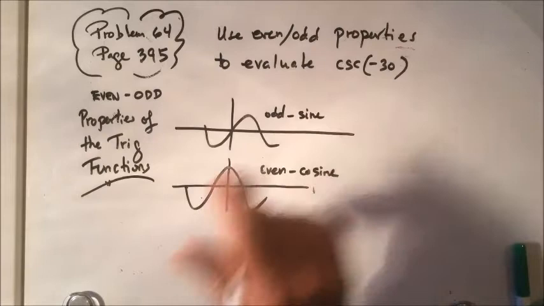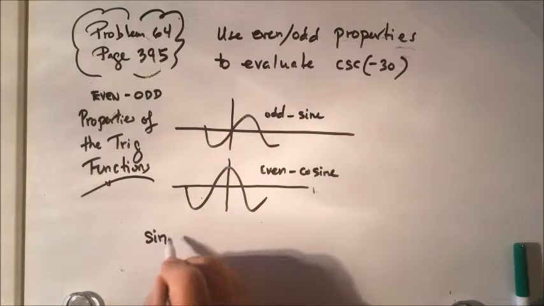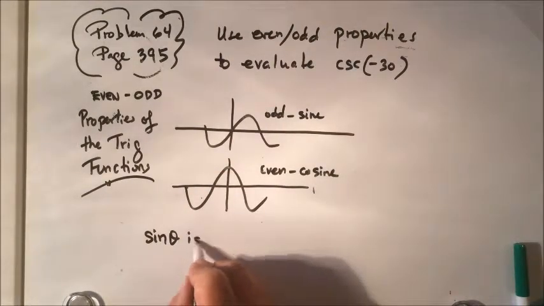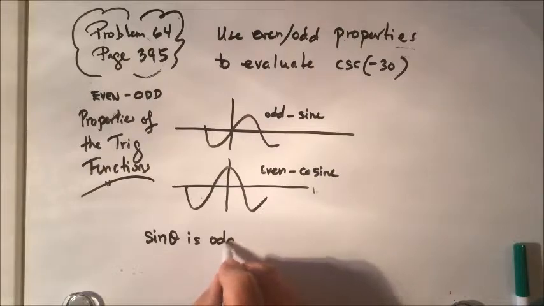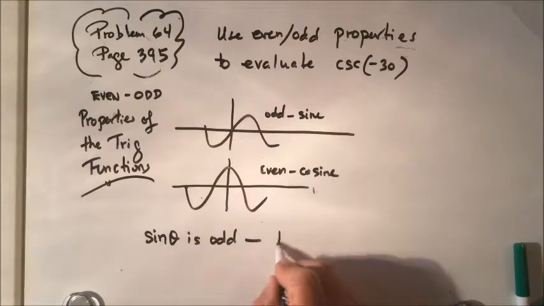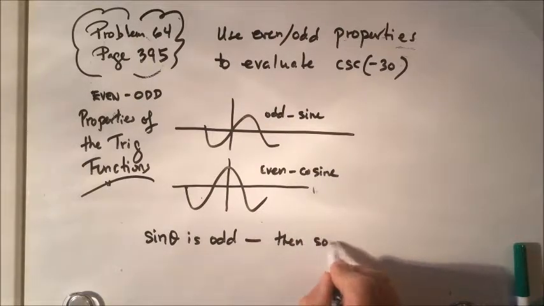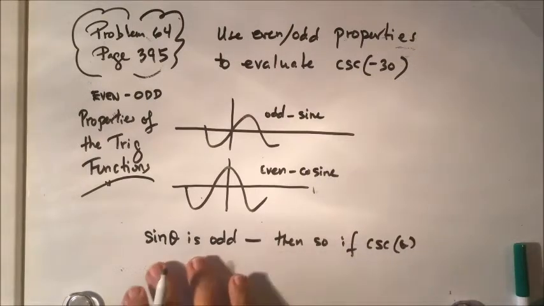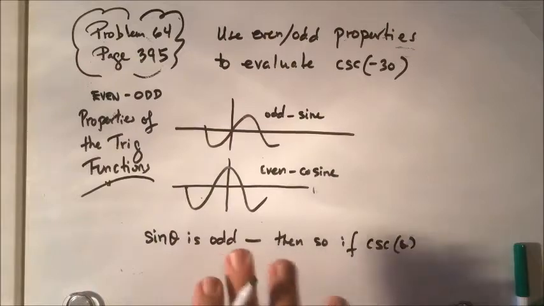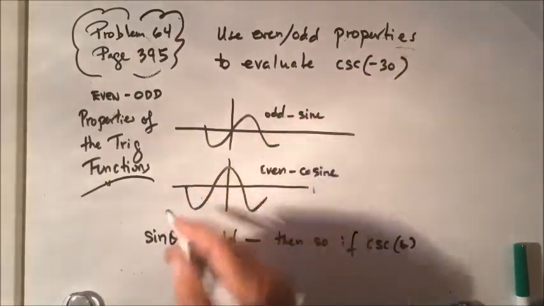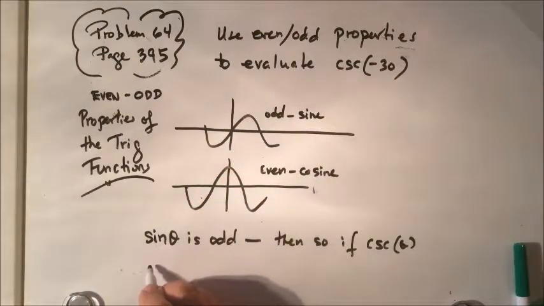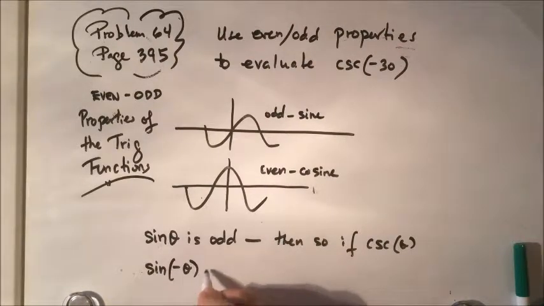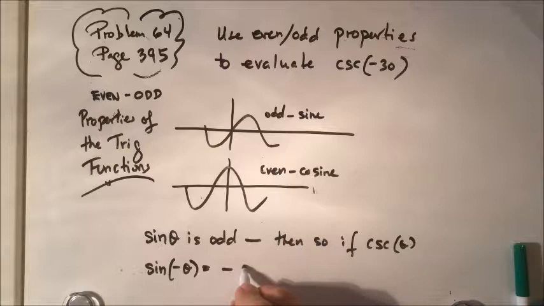If the sine of theta is odd, then so is the cosecant. Because after all, to say that a function is odd means, geometrically, that it's symmetric about the origin. Algebraically, it means that the sine of minus theta is equal to minus the sine of theta.